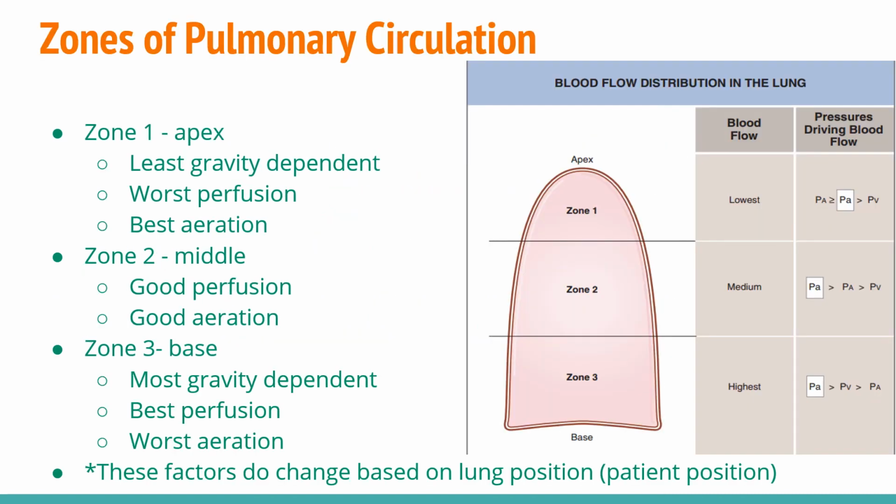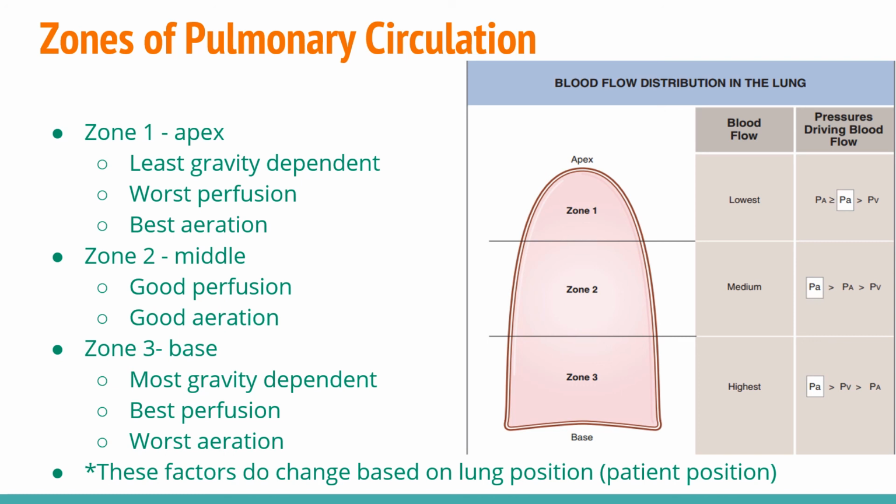So lastly, we have this little diagram to look at, showing the different zones of pulmonary circulation, and I'm quite certain Derek will be going over this too. The apex, the top part of your lungs, is least gravity dependent when you're sitting upright. It's worst for perfusion because the blood is not going there, but it's the best aeration, because the larger airways are at the top.